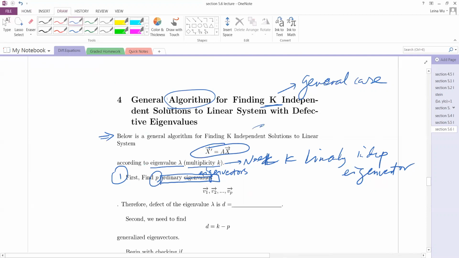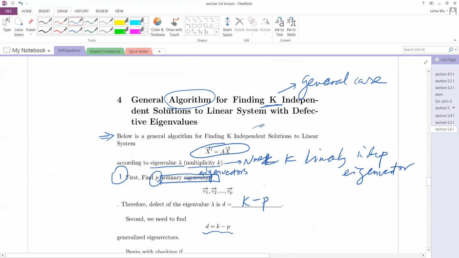You need at least multiplicity k. Yes, we need k, but currently we only have p. So the defect will be k minus p. The defect d is the multiplicity subtract how many ordinary eigenvectors you currently have, so it's k minus p.